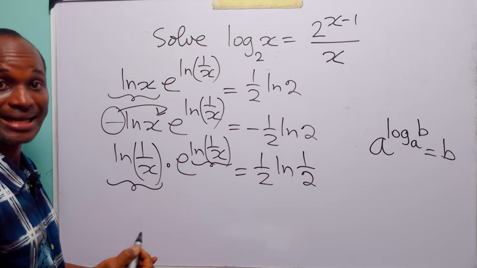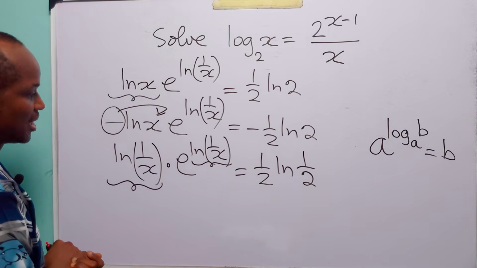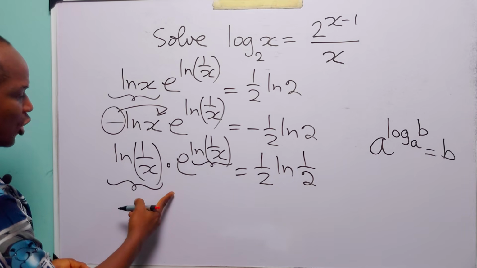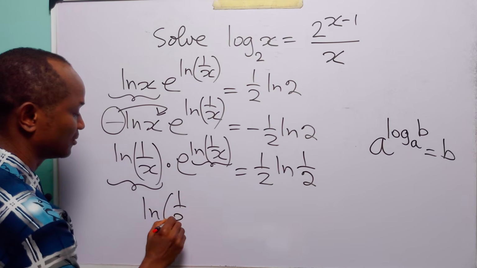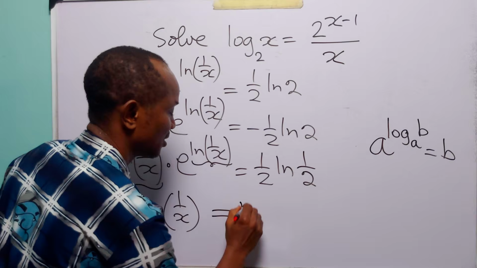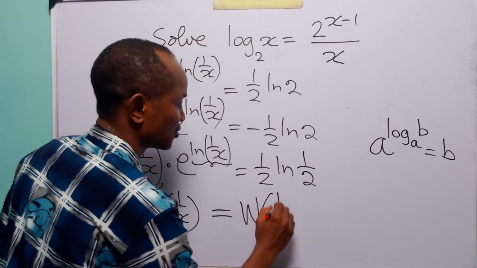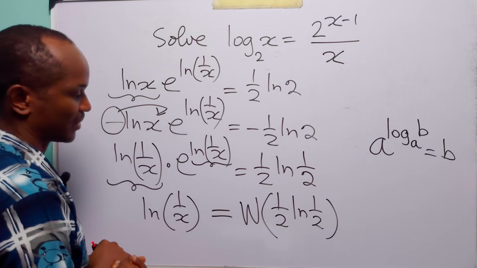So we can apply the Lambert W function to both sides of this equation. When we do that, on the left-hand side, we have ln 1 over x. And this is equal to the Lambert W function of half ln half.